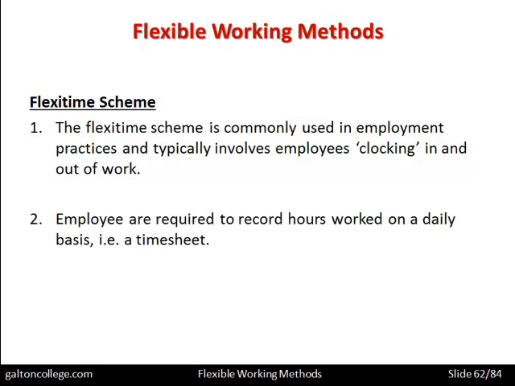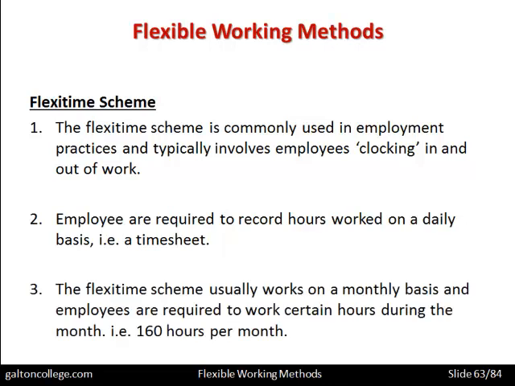So the employees might be required to record hours on a daily basis, for example on a timesheet, or they might record it on a weekly basis. It depends on the nature of the tasks and what the system is. The flexi-time scheme usually works on a monthly basis, and employees are required to work for certain hours during the month.